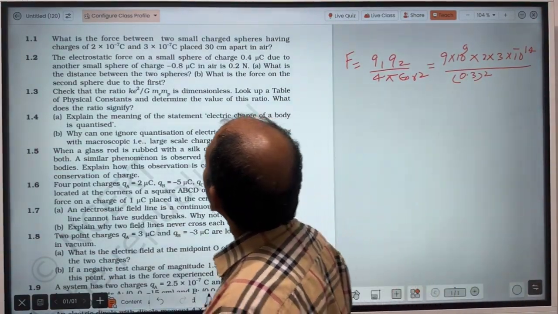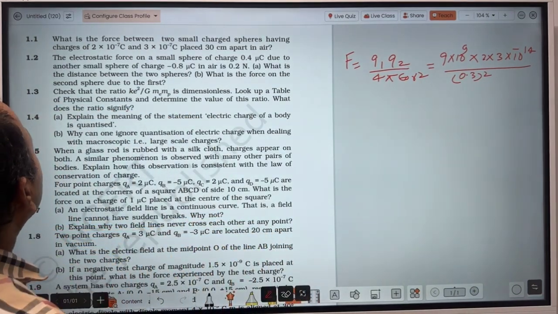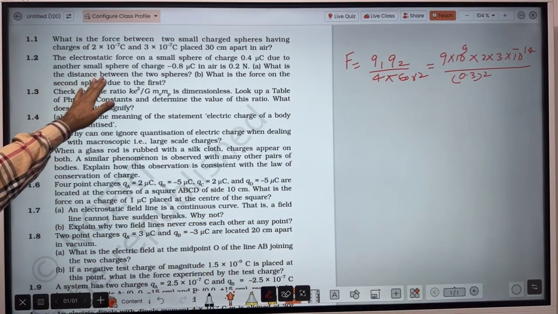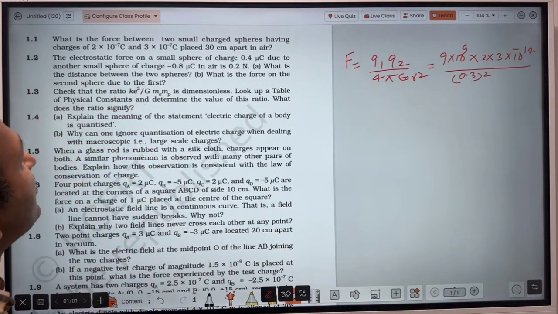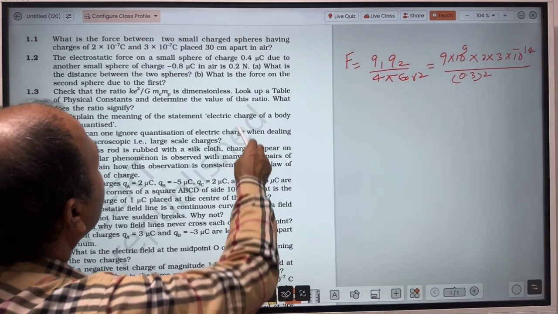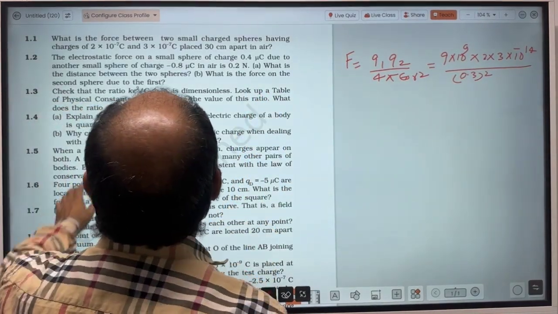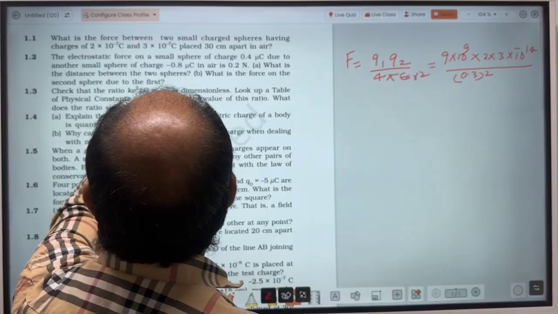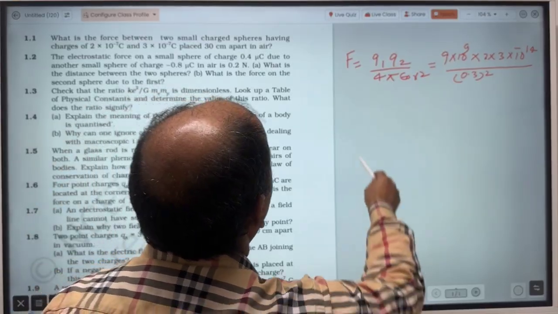You can evaluate. Then the next question: the electrostatic force on a small sphere of charge 0.4 microcoulomb due to another small sphere of charge minus 0.8 microcoulomb in air is 0.2 Newton. What is the distance between the two spheres? What is the force on the second sphere due to the first sphere?